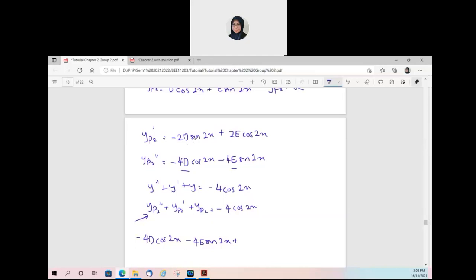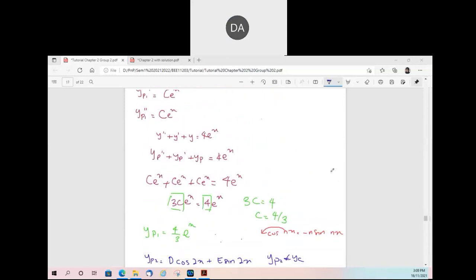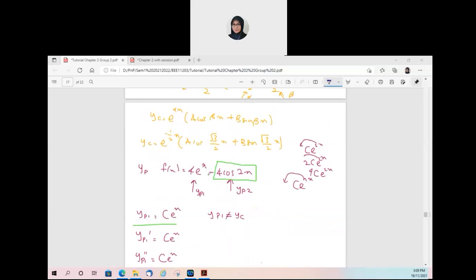Mana kat mana? Saya salah kat mana? Doktor, bukan ke negative 4 cos 2x? Negatif tu tak ada kan? Oh, okay.